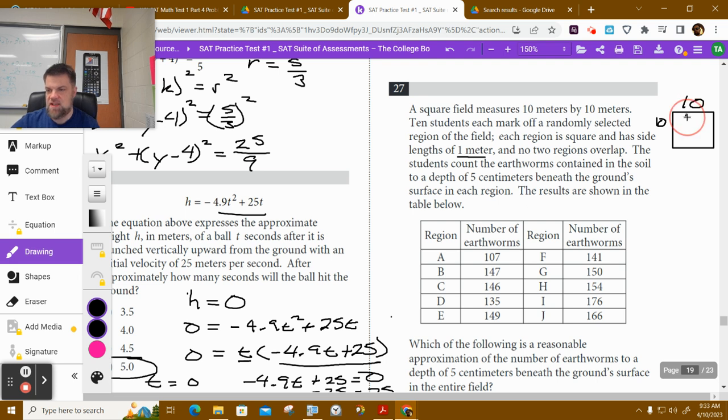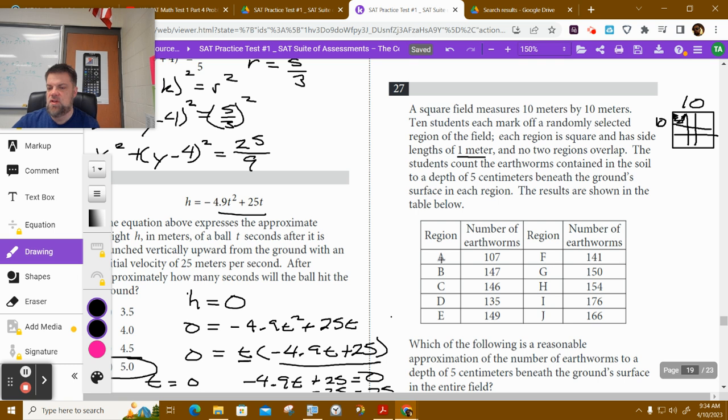So it sounds like they take it and group it like this, and whatever the groupings are, within that region they count to see how many earthworms they have. Does that make sense? And then here are the results from that.